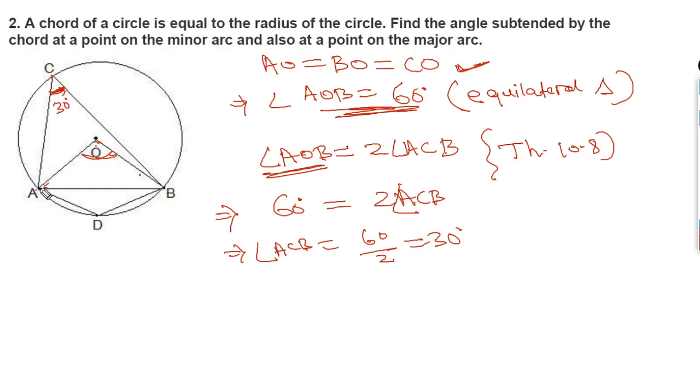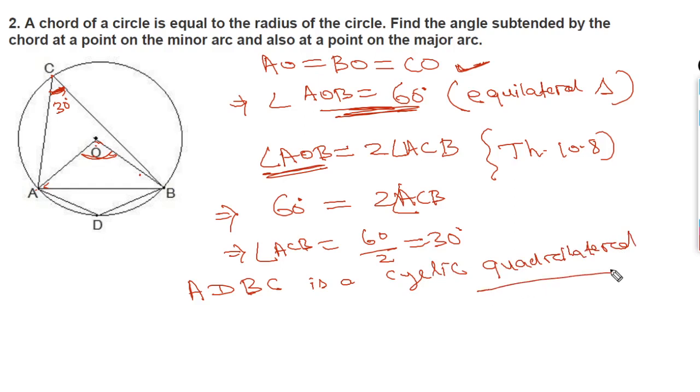Again, ADBC is a cyclic quadrilateral. You can see it is a cyclic quadrilateral. Therefore, we can say, we know that in a cyclic quadrilateral, sum of the opposite angles is 180 degree. Why?